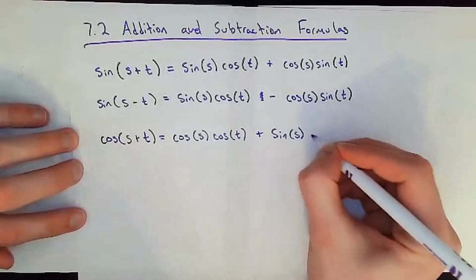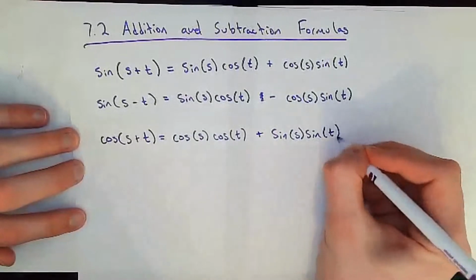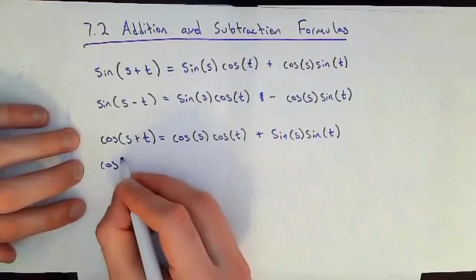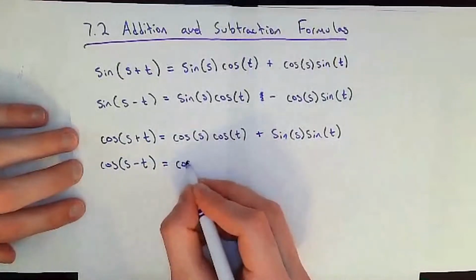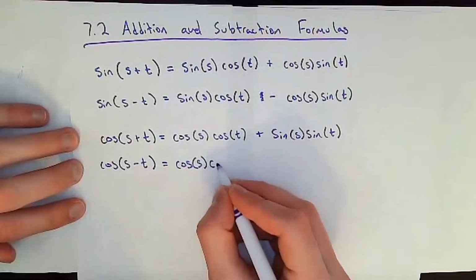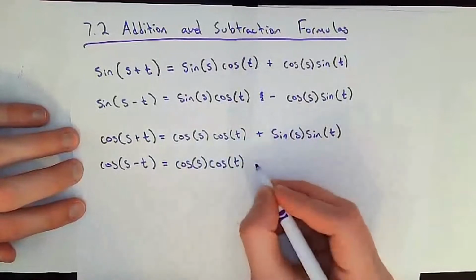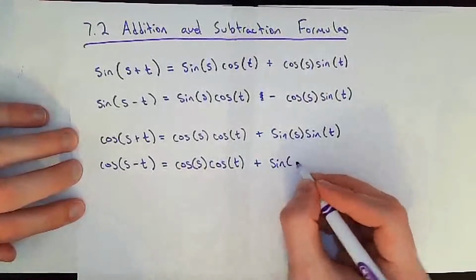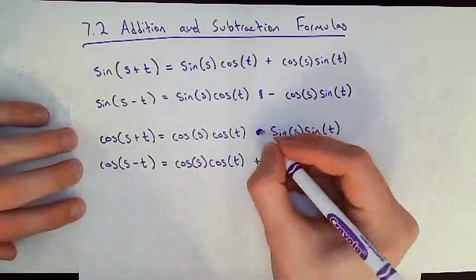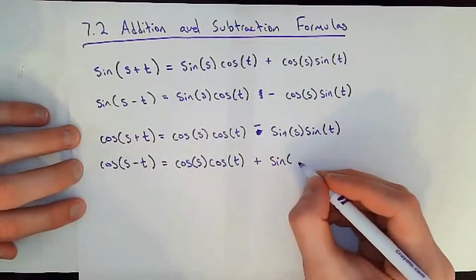The things being multiplied are different here. And then cosine of s minus t, again just the sign changing.